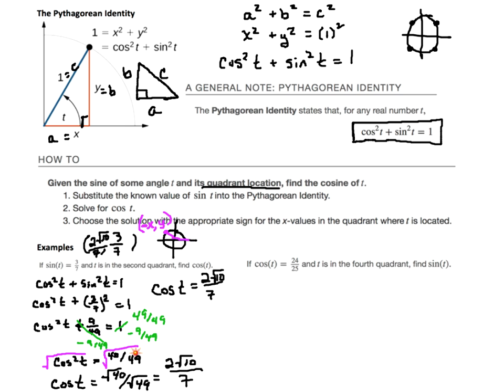Okay, Jeremy's asking a question. I wonder if it has to do with the fractions or simplifying the radical. I kind of got lost in 40 over 49.